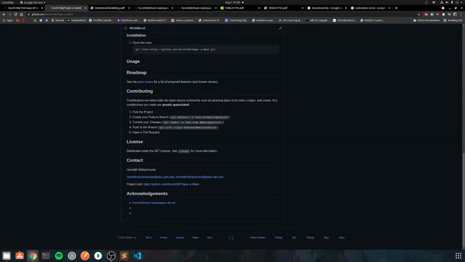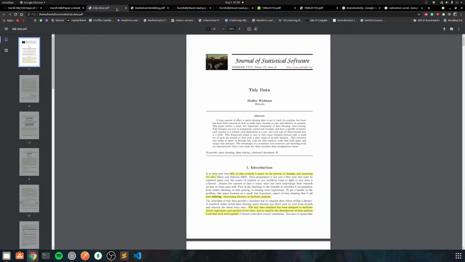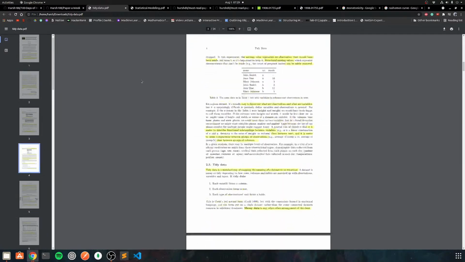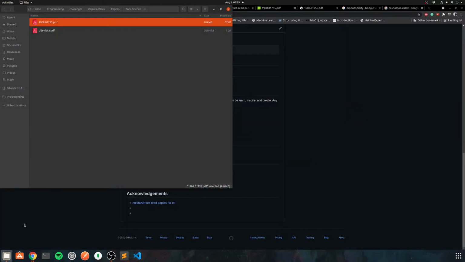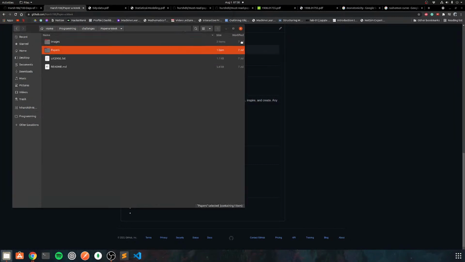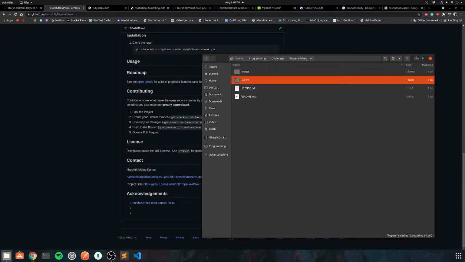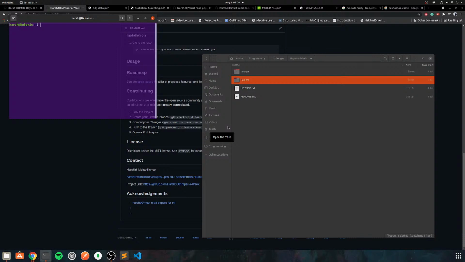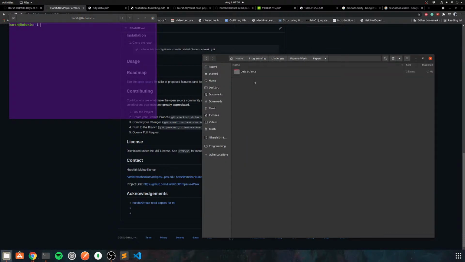Okay, let me get the other one as well. Okay, so I need to upload these into a file and then... So I do have the repository locally existing on my computer, so what I'll do is just upload the papers here.